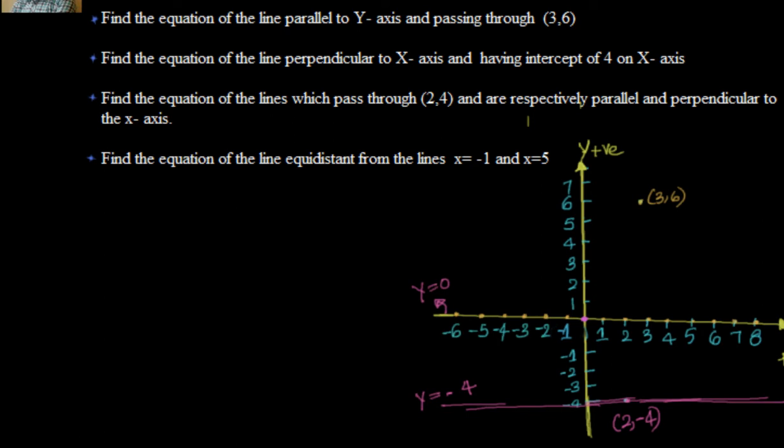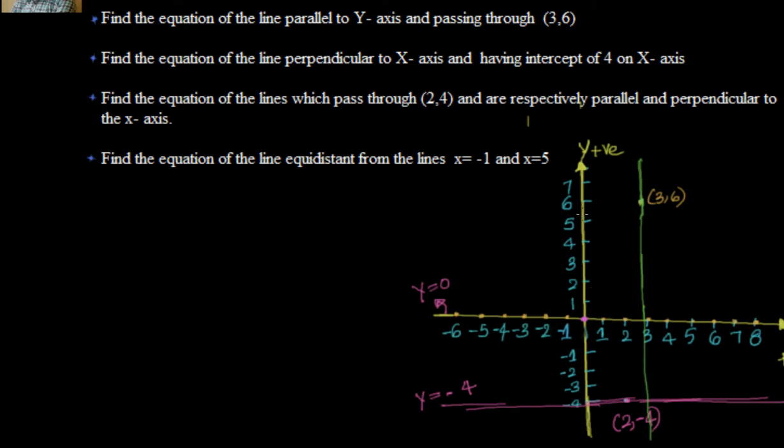We have to draw a line which is parallel to the y-axis and passing through (3, 6). So it will be this line. This is the line which is parallel to the y-axis and passing through (3, 6).